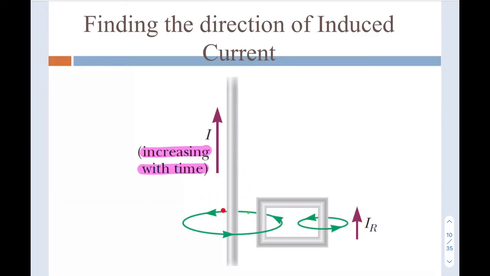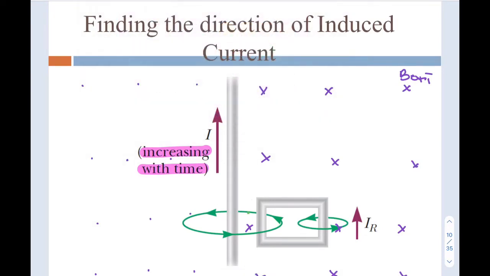So if you grab the wire, you will see that the B original produced by the long straight wire here, on the right side, will be into the page. On the left side it will be out of the page. This purple color here is B original, coming from the long straight wire.